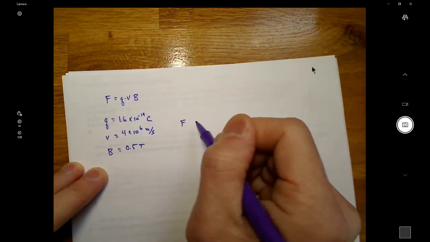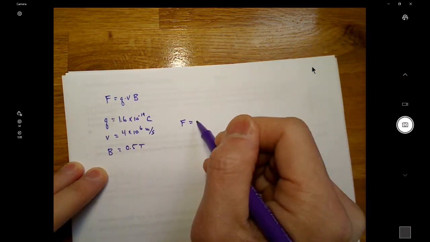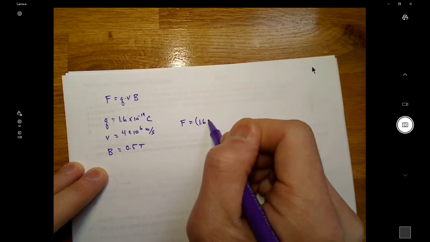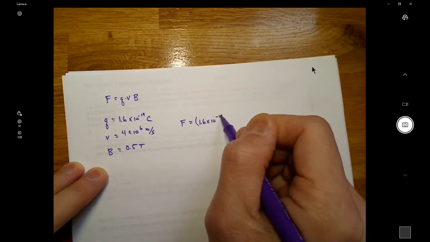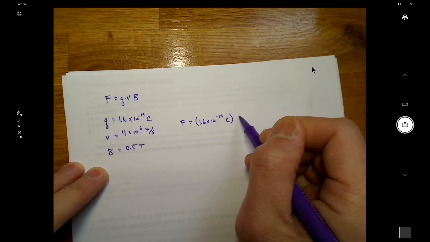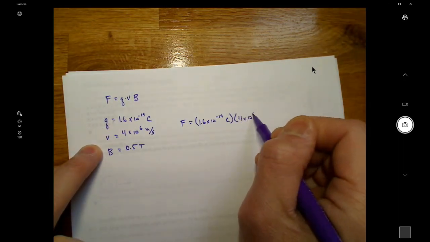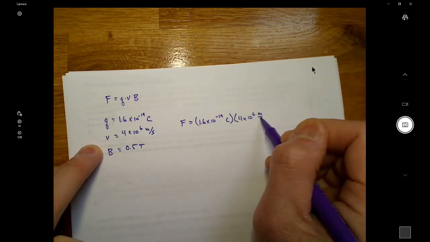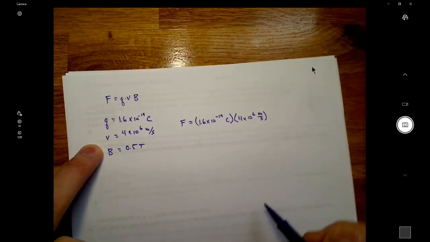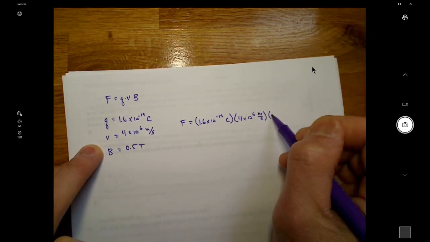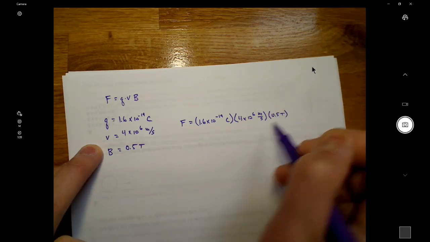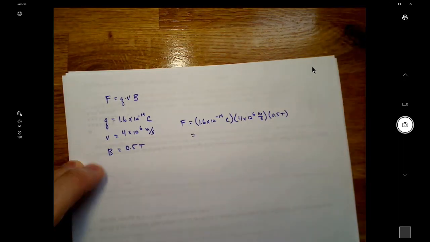And we say F is equal to qvB, 1.6 times 10 to the negative 19th coulombs, times the velocity, 4 times 10 to the 6th meters per second, times 0.5 Teslas. And we plug this into our calculator.